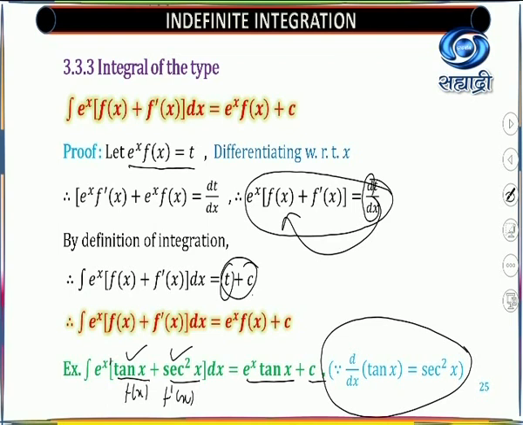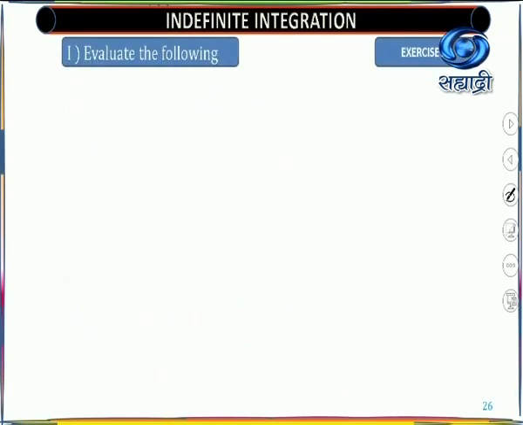Whenever you are having an exponential function with any other function, first try to write it in this form. If you are able to write in this form, you are able to use this formula. So we'll start with our exercise 3.3.